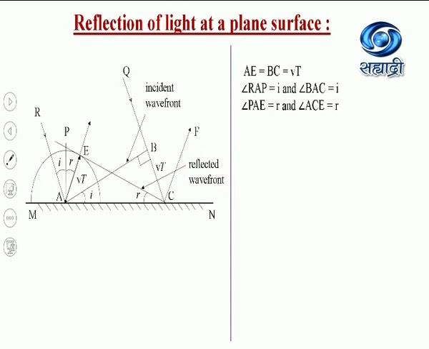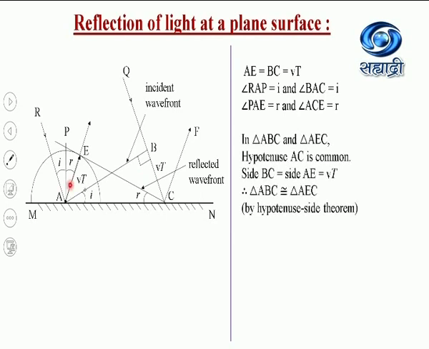Now we have two right angle triangles with us, triangle ABC and triangle AEC. In triangles ABC and AEC, side AC is common, which is the hypotenuse of the two triangles. So hypotenuse AC is common.